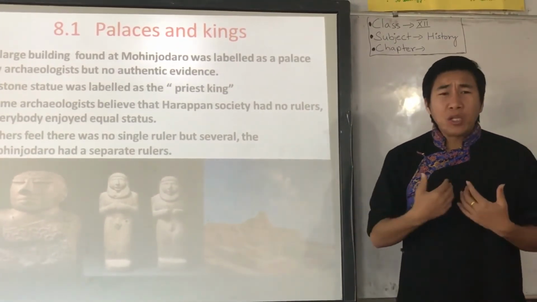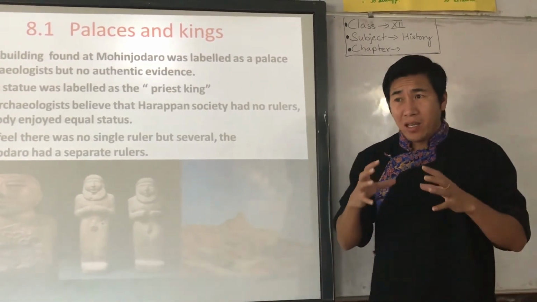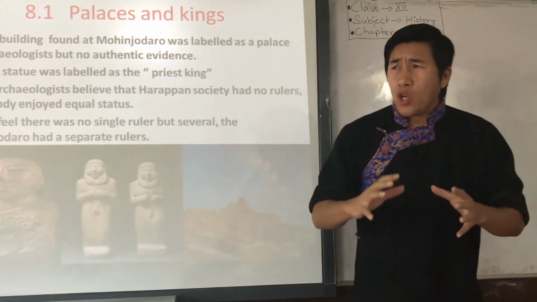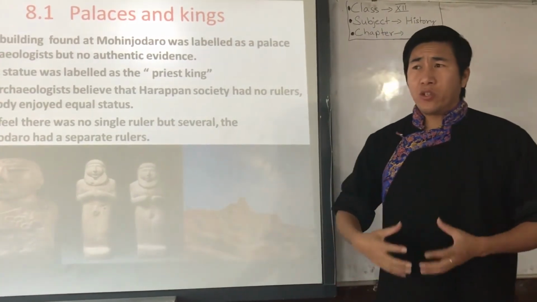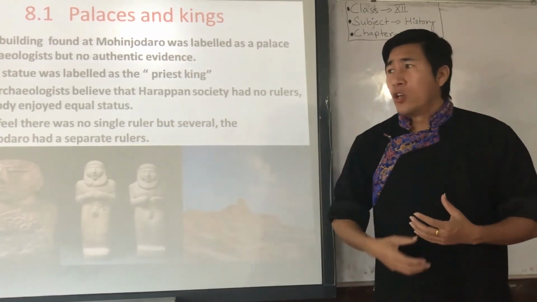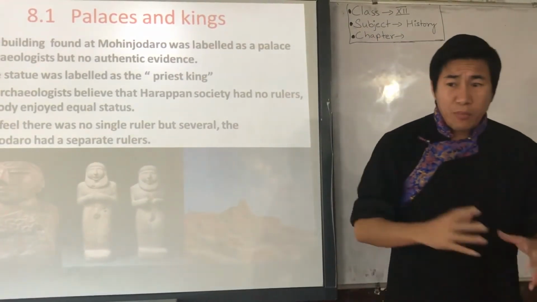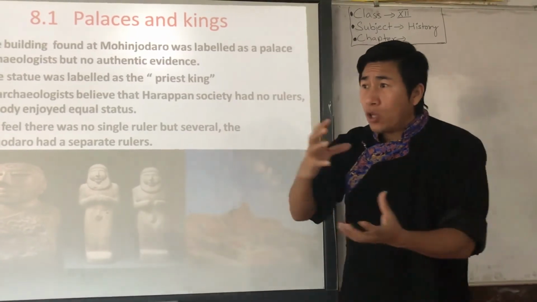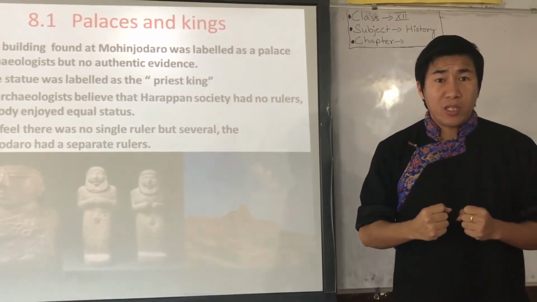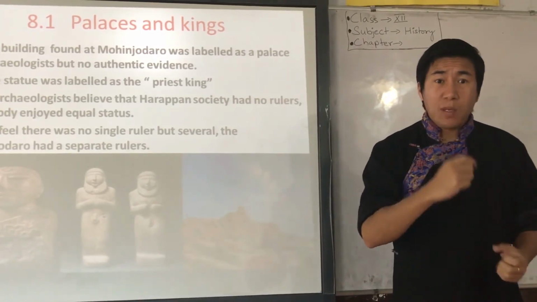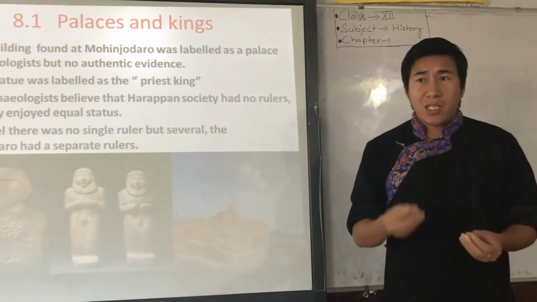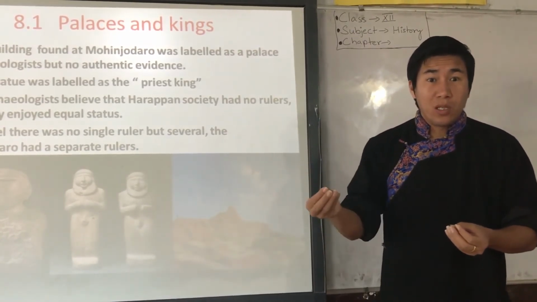But according to me, I think the Harappans had only a single ruler. Why? Because of business relations, long distance trade with Mesopotamia, town planning, and brick size. Looking at all this proper arrangement, it is very difficult for many rulers to make decisions, because there must be one. Look at our own Indian society: to make decisions, different states have different rules.